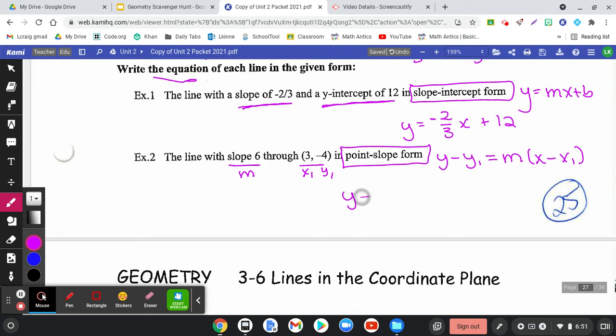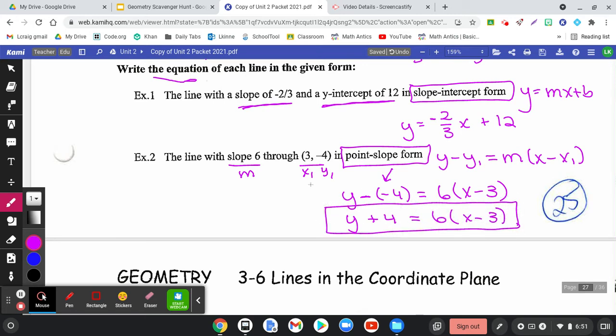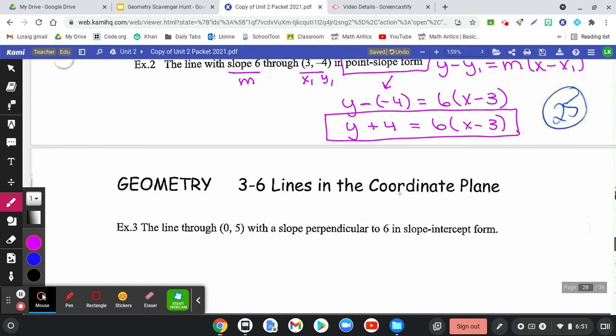So it's y minus negative 4 equals your slope, 6, times x minus the x value in the point. But typically we're not going to leave two signs, so instead of minus negative 4, we'll just write y plus 4 equals 6 times x minus 3. And that's point-slope form. Now if it said to write it in slope-intercept form, you could distribute the 6 through and then subtract the 4 over, and you could easily put it into slope-intercept form to graph.